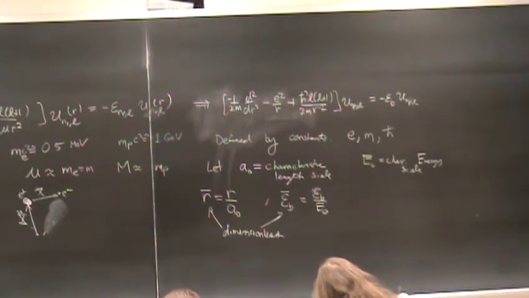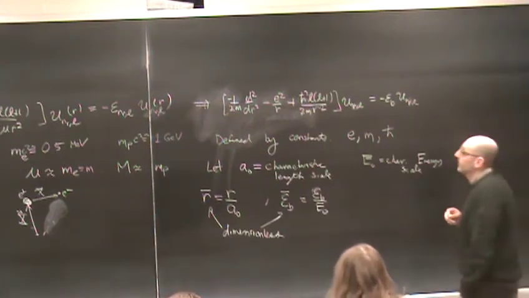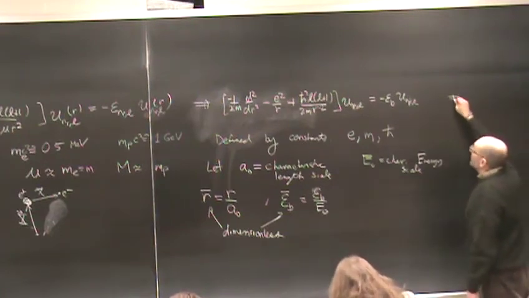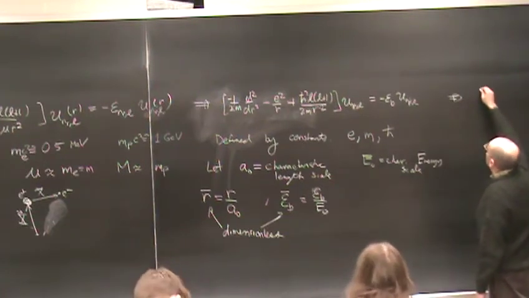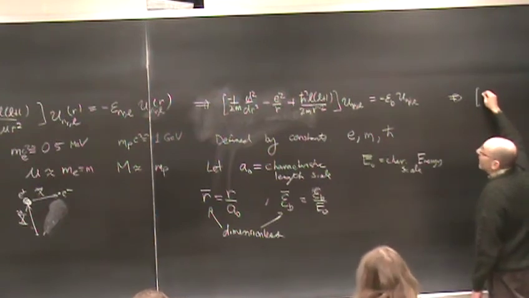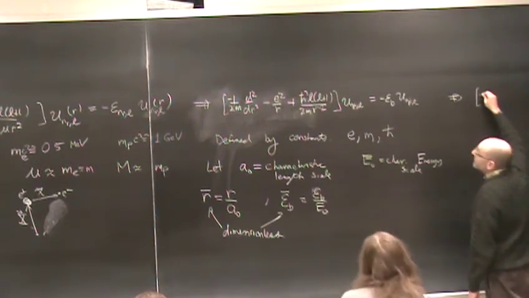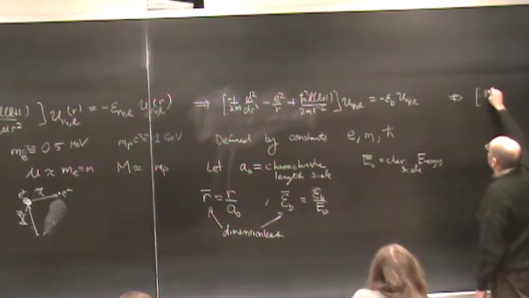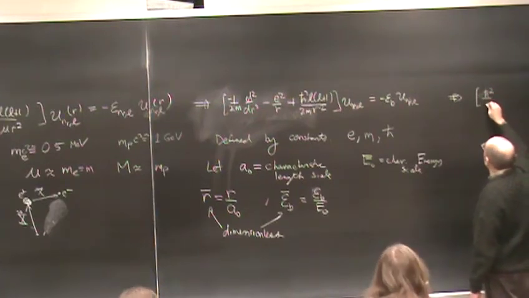So now we can just plug these definitions into our equation, and we get the following. I'm going to factor out here h bar squared.